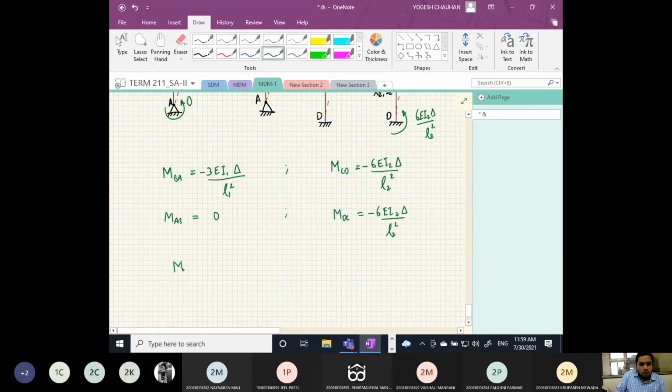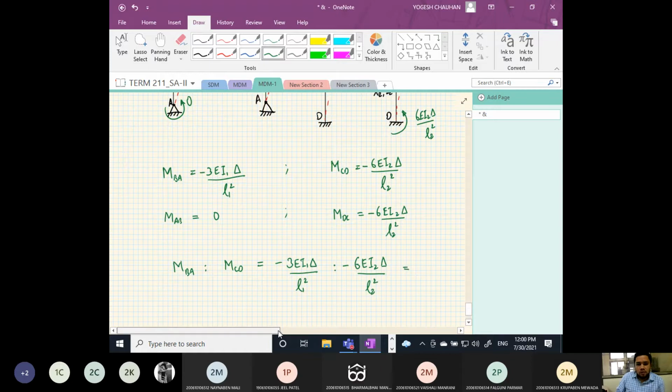So here MBA proportional to MCD, which is equal to minus 3EI1 delta by L1 square is proportional to minus 6EI2 delta by L2 square.